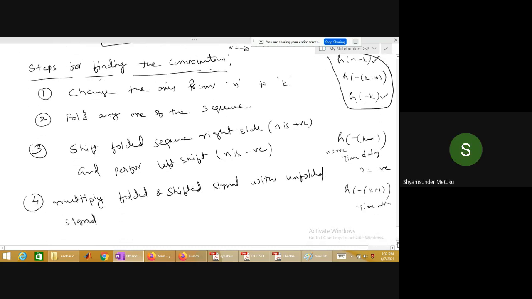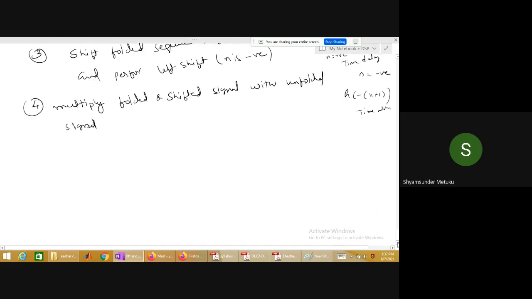When you multiply, are you not going to get a sum of products? It's something like this: x of n into h of n. Generally, n varies from 1 to 3. Example I'm trying to explain: if x of n is 1, 2, 3 and h of n is 4, 5, 6, is it not x of 1 into h of 1 plus x of 2 into h of 2 plus x of 3 into h of 3?